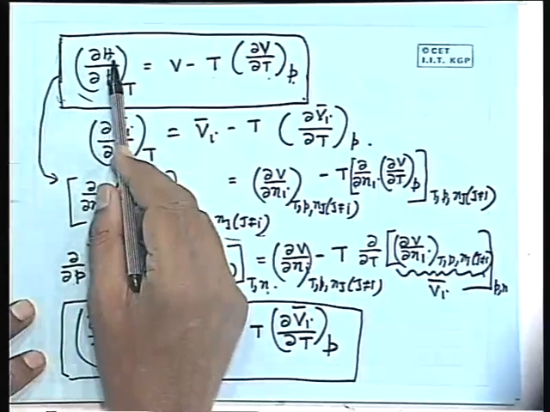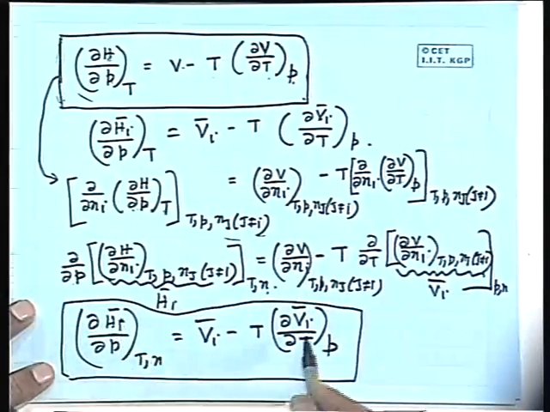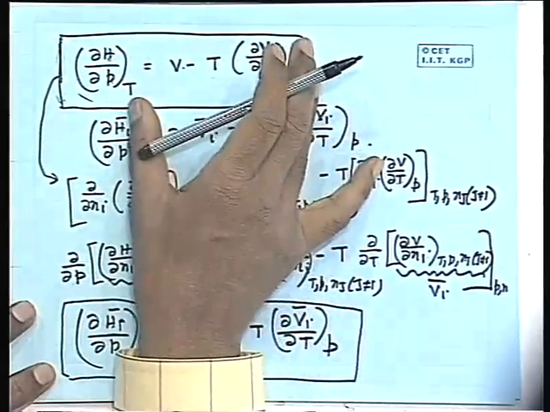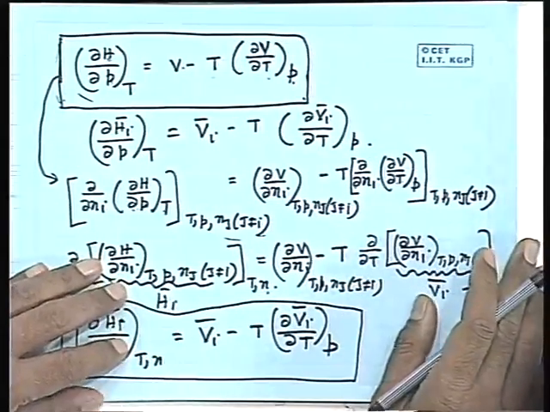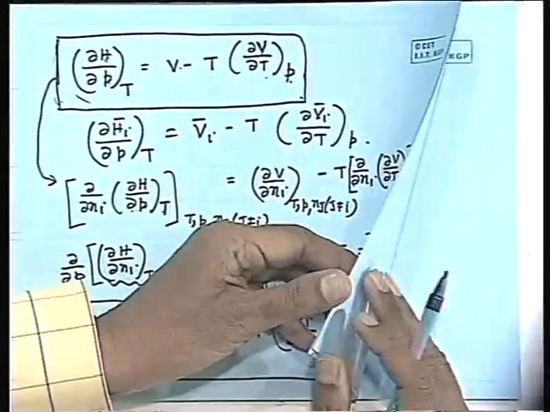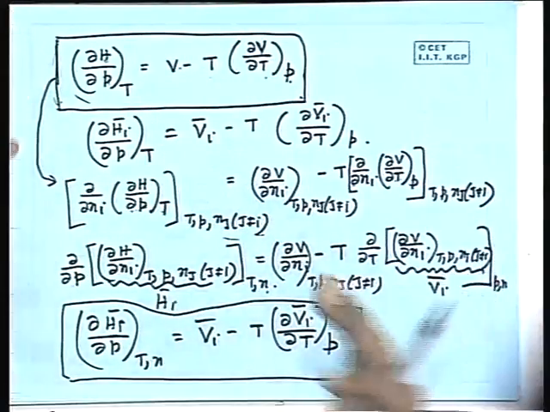If the extensive property of the system as a whole is replaced by the partial molar property of any component, the same relationship can be used. So any thermodynamic property relationship which is valid for the system as a whole is valid for the partial molar property of a component of the multi-component system.